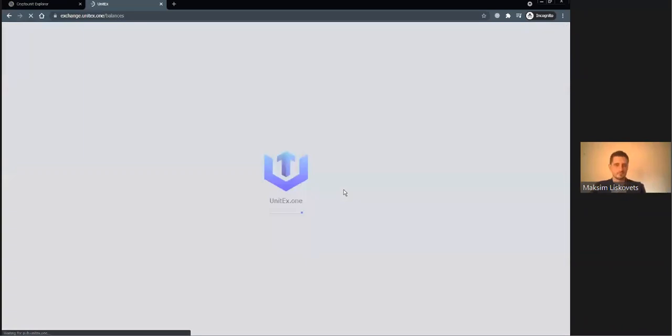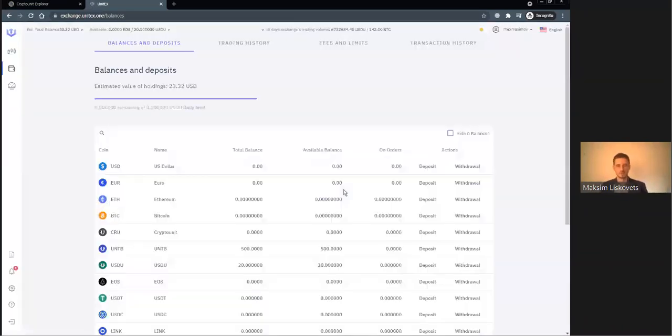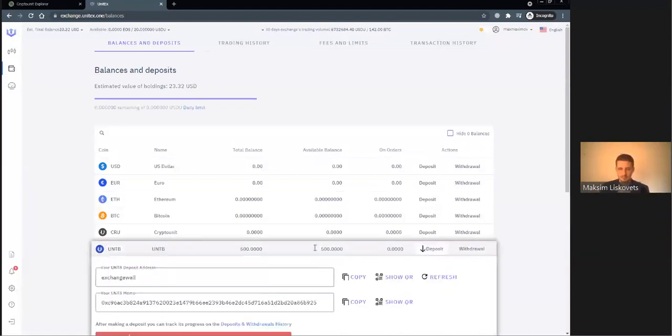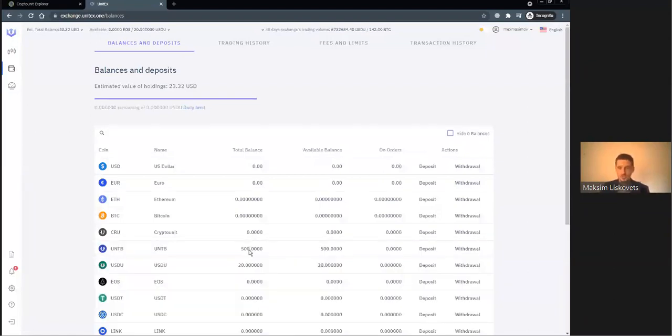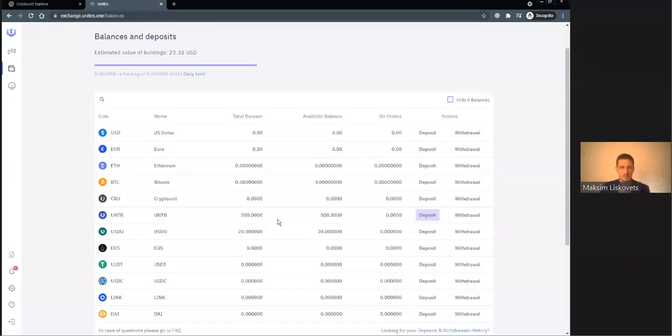It usually takes up to 1 minute, plus minus, for the UNTBs to be deposited in your exchange account. Let's give it a couple more seconds. While they are on the way, let me tell you about the withdrawal from the exchange very quickly.